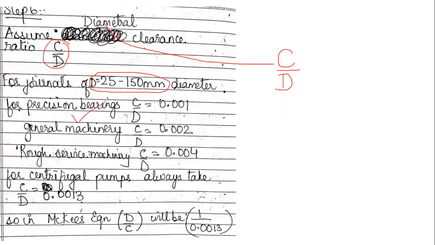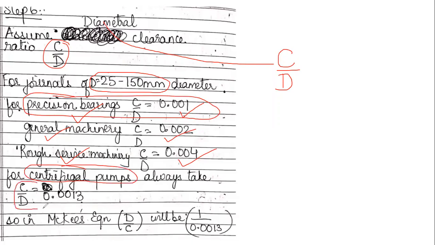For precision bearings, you will select that value as 0.001. For general machinery, you will select the value as 0.002. And for rough service machinery, you will select the value as 0.004.